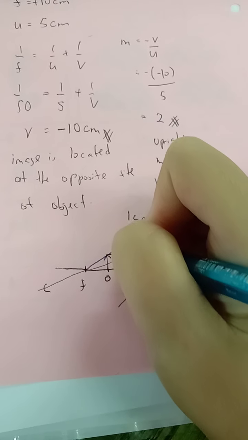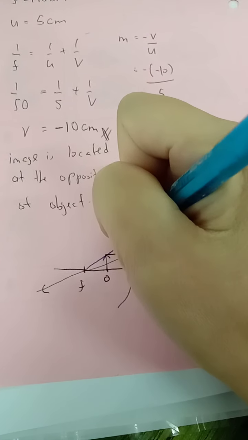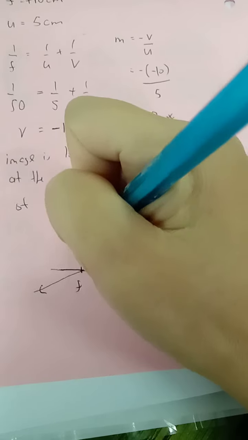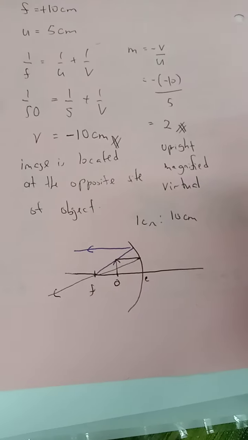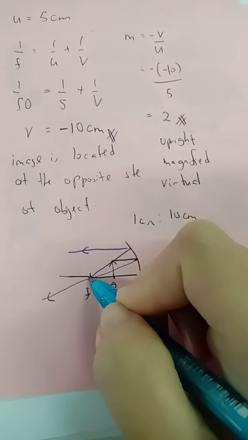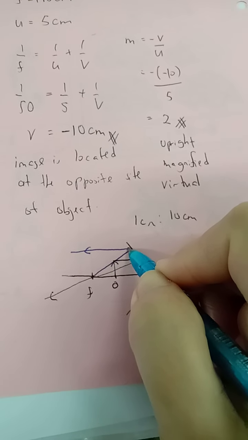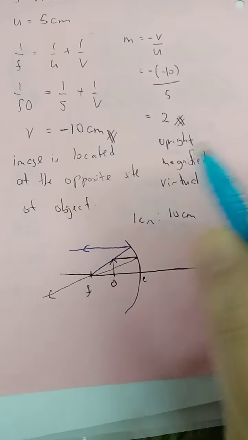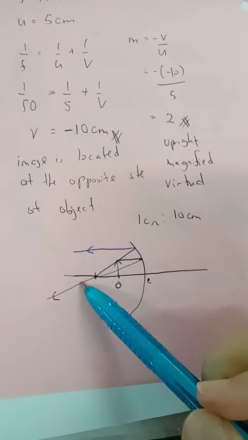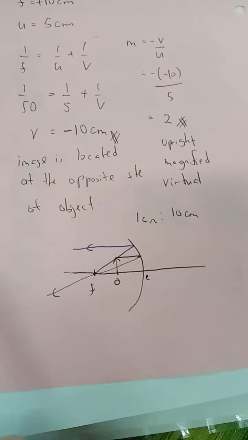It will be reflected back parallel with the central axis. And you see, these two rays won't intersect.